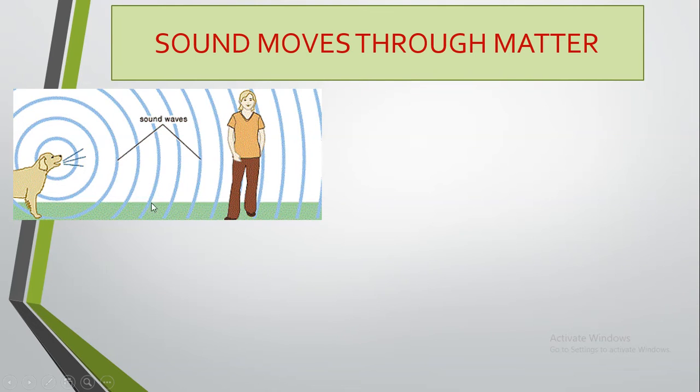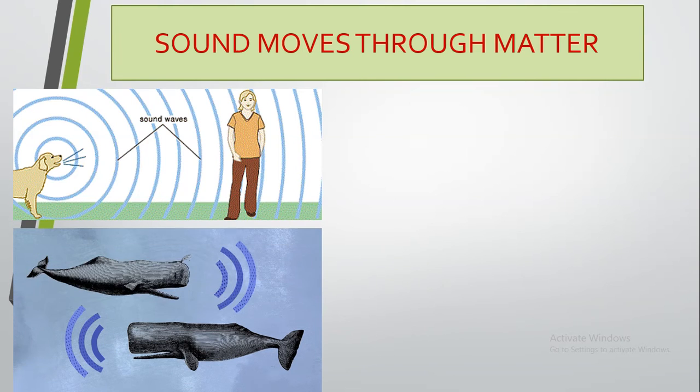So in this picture, we have this dog. It's barking, right? The sound waves travel through air. That's gas. Also, in this picture, these whales, they use sound waves underwater.